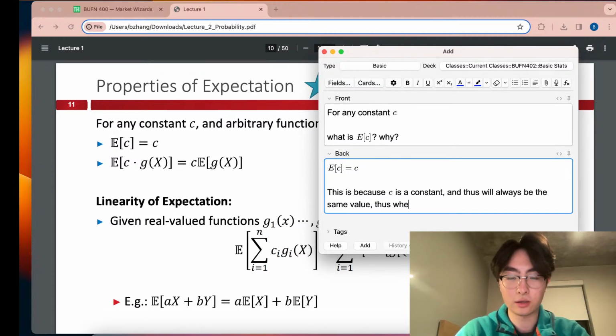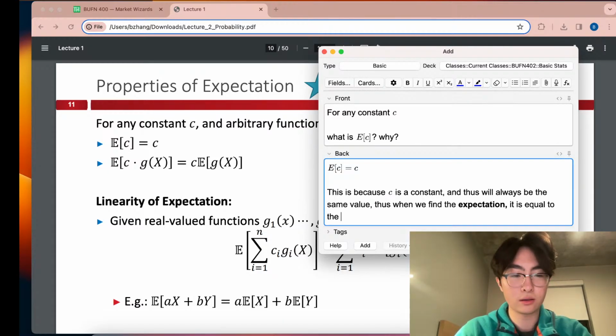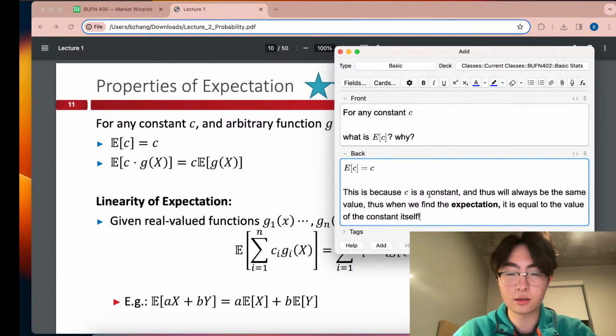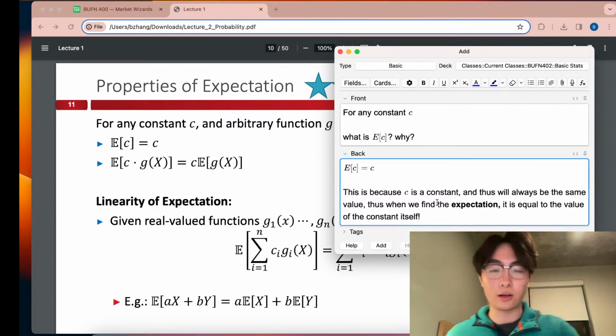Thus, when we find the expectation, it is equal to the value of the constant itself.